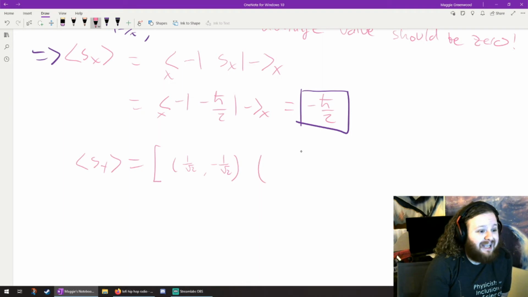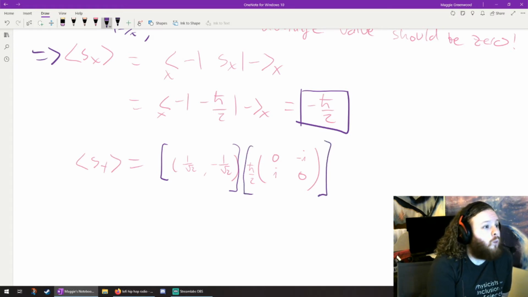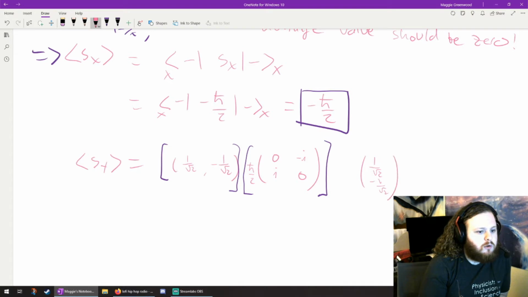Then I can put Sy in here, which is 0, minus i, i, 0 with an h bar over 2 sitting out front. So maybe what I'll do is gather these in different color parentheses. There's a purple for the bra, here's a purple for Sy, and then I need my ket, which is a column vector, 1 over root 2, minus 1 over root 2. And then more purple brackets, because you can never have enough purple brackets.